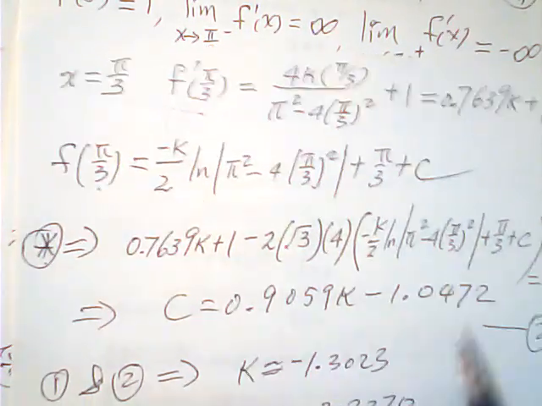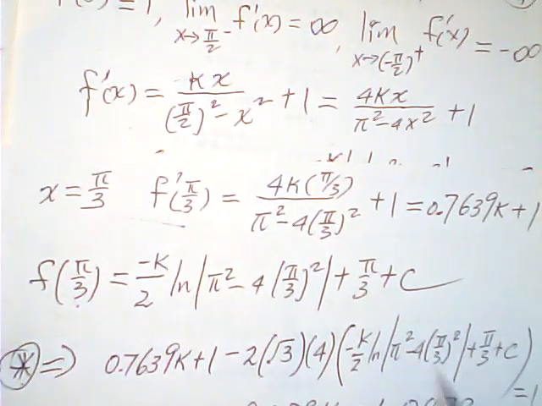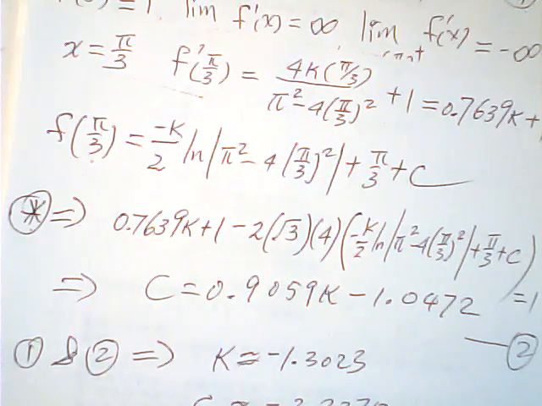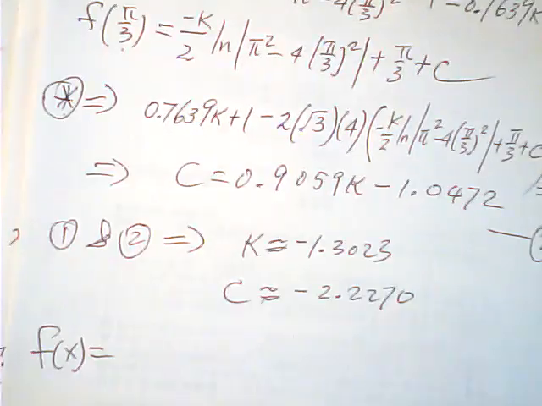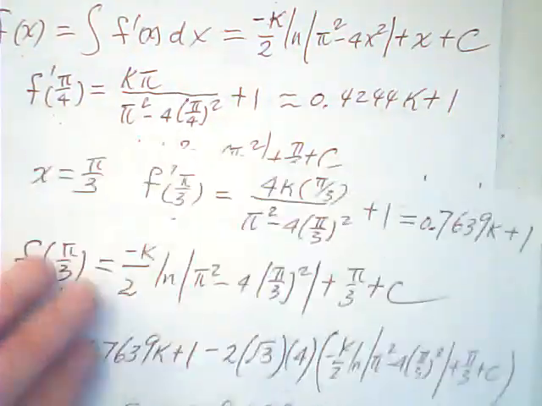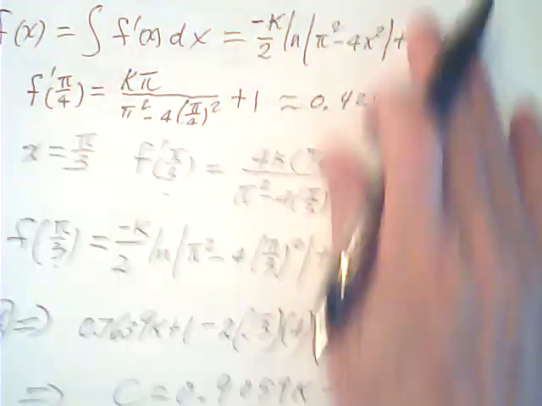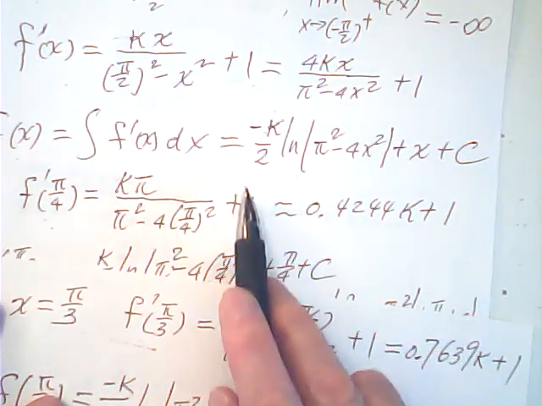Now, once we find the c, we find the f of x. So f of x is equal to negative k over 2.